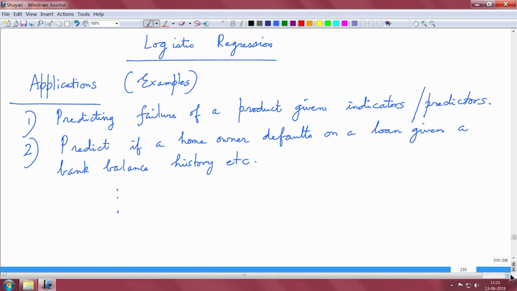Second is the example of a bank loan problem. This is very practical. If you were to predict whether a homeowner defaults on a loan given a bank balance history, this would be a useful tool for issuing the loan itself. Or predicting the health of the individual who owns that home. These are examples of situations where logistic regression can be useful.